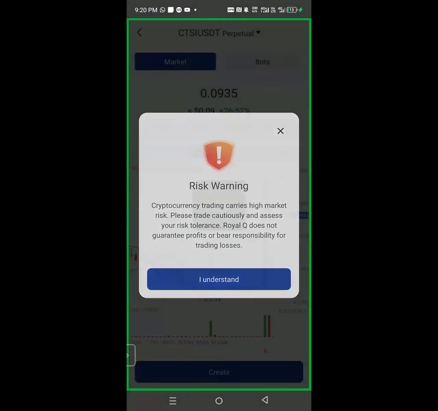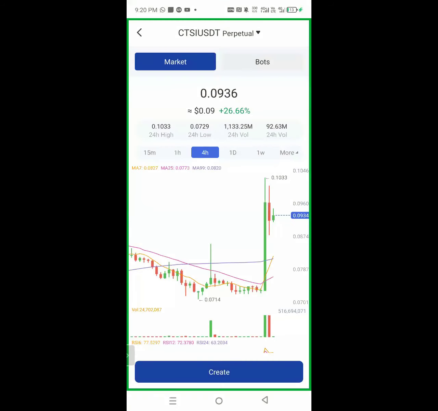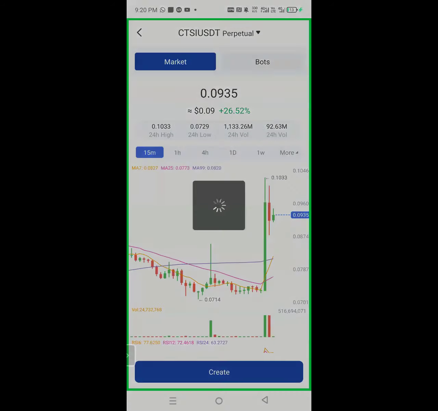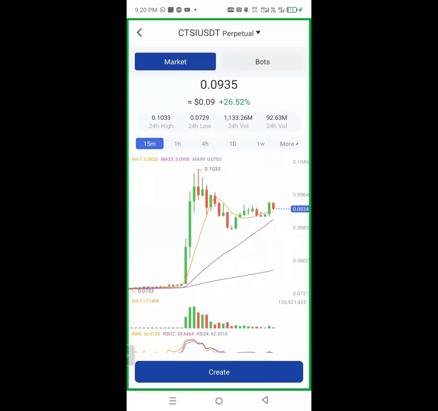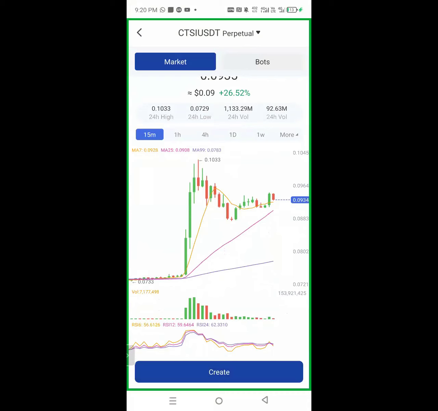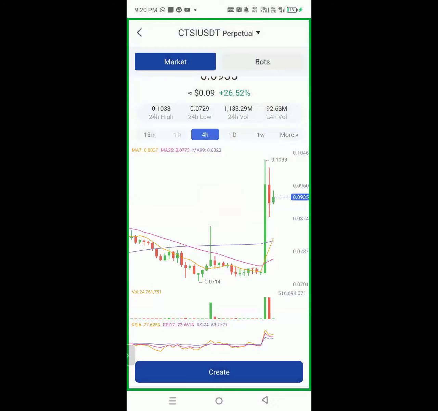So let's see. Let's use 15 minutes first. This one is 56. Let's use 4 hours: 77, 72. So you can set this one, but it might take up to 4 hours before it can peak.